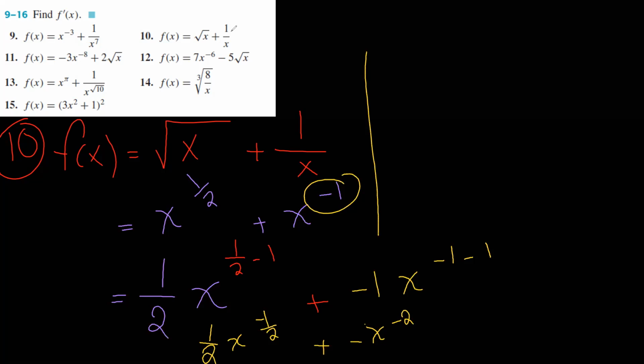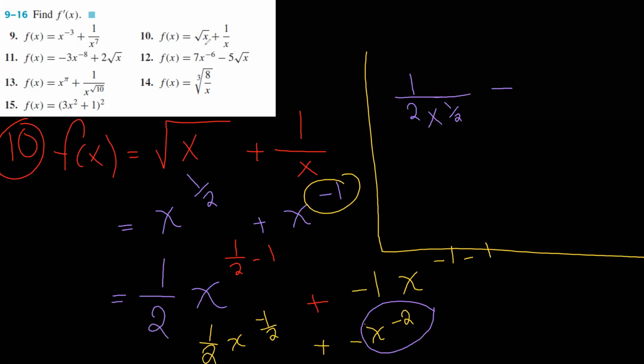Then after that, half, and x raised to the power negative half is, the reciprocal of x is 1 over x, and the opposite of negative half is half. Minus, since x here is raised to the power negative 2, I can write it as the reciprocal of x is 1 over x, and the opposite of negative 2 is 2.